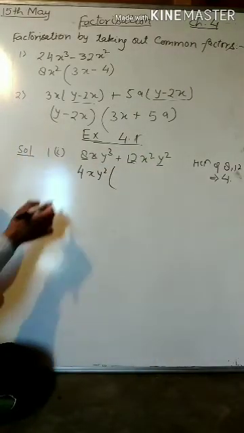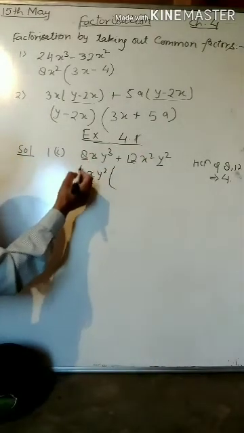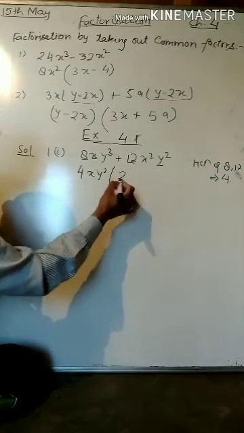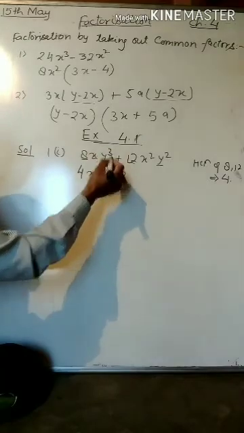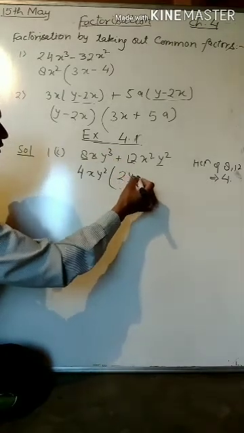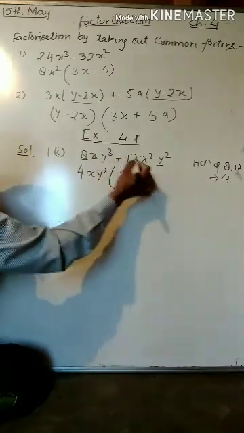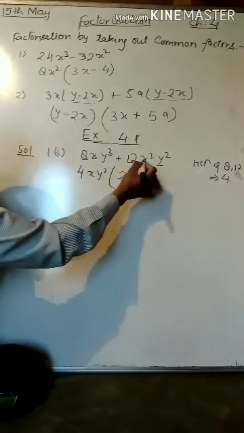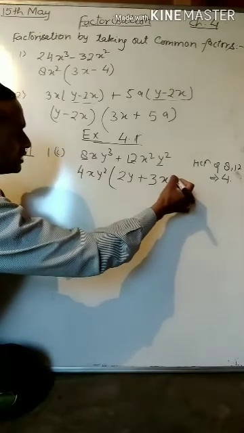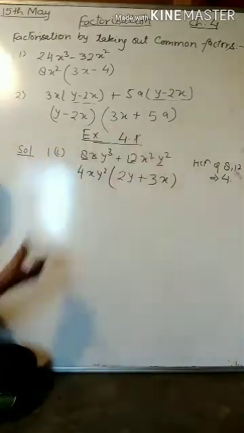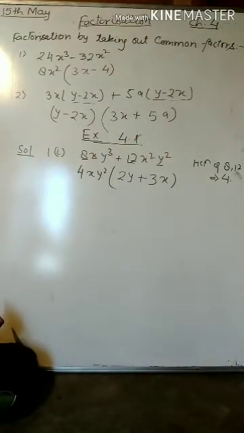We will divide it. 4 twos are 8, x y square divides y cube, this is y; plus 4 threes are 12, x divides x square is x, y square divides y square is complete. So these are the factors.